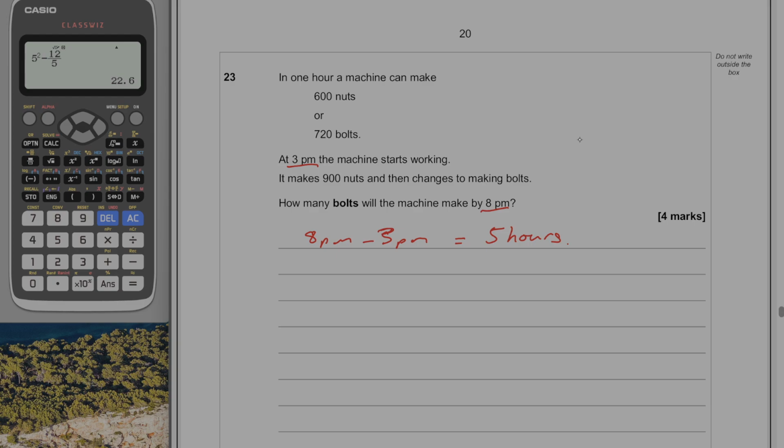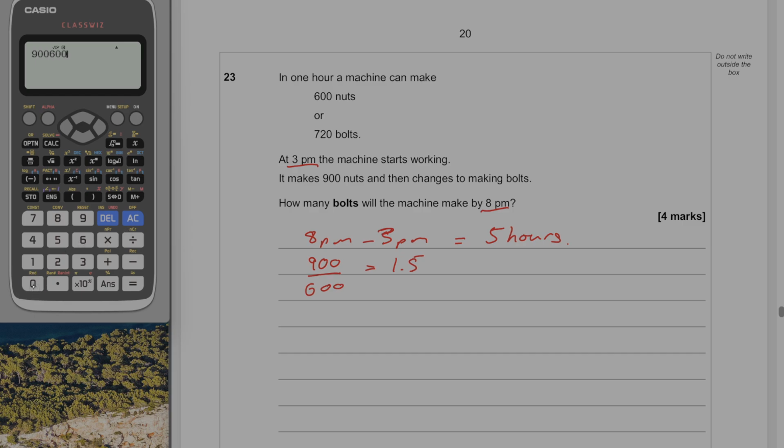First thing that we need to work out then is how long it will take to make 900 nuts. So that's going to be 900 divided by 600, which is going to give us 1.5 hours.